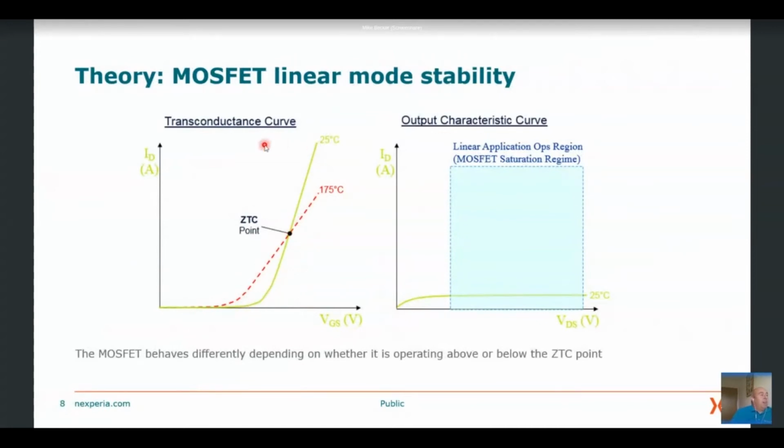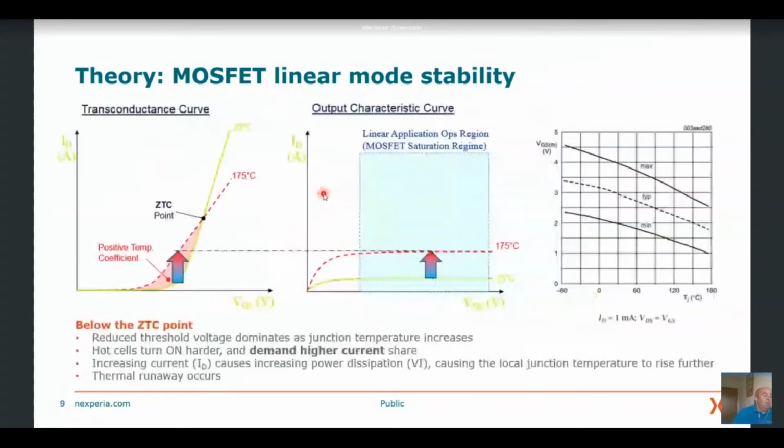So if we look at the transconductance curve that should be on the data sheet for a MOSFET, this is a plot of gate voltage versus drain current. And there are two curves there. One is at room temperature and the other one is at TJ max, which is the maximum operating temperature for that MOSFET.